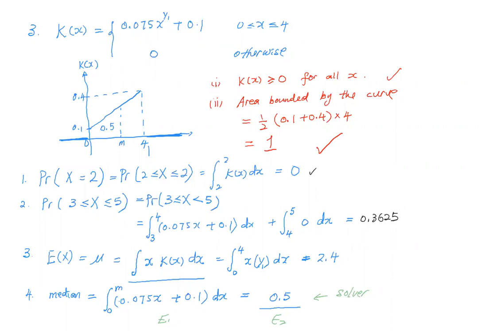Then for E2 put 0.5. Then a X value will come out. Your X must be between 0 and 4, so just put 3, then press alpha, enter.